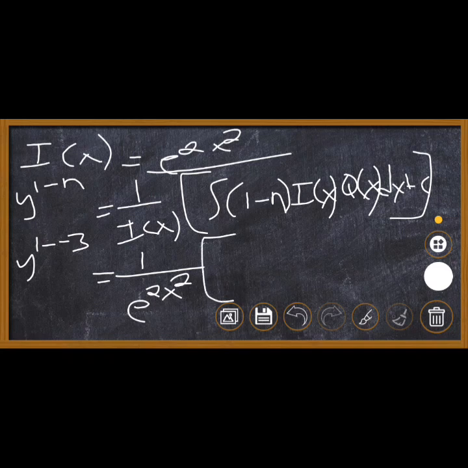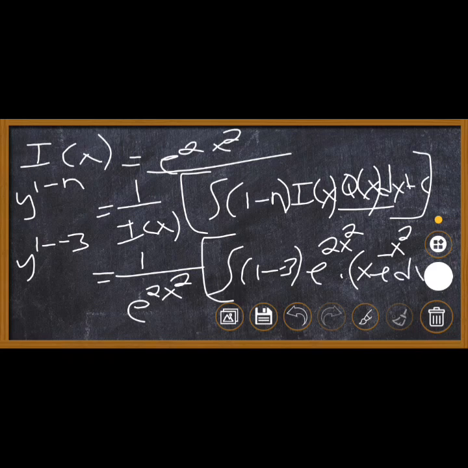Then in this case, we are going to find the integral of 1 minus negative 3. And then our integrating factor, we already have found it. It's e raised to power 2x squared multiplied by, what was our q of x? Our q of x was x e power of negative x squared, then dx, then plus constant value c. So let me just write this properly.